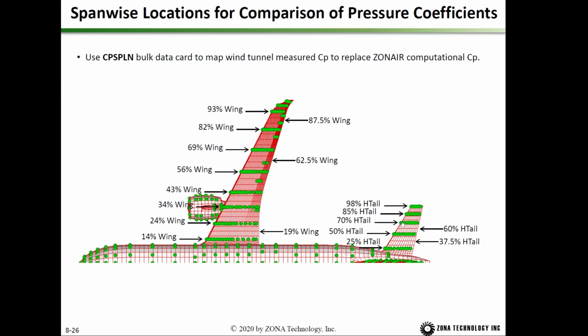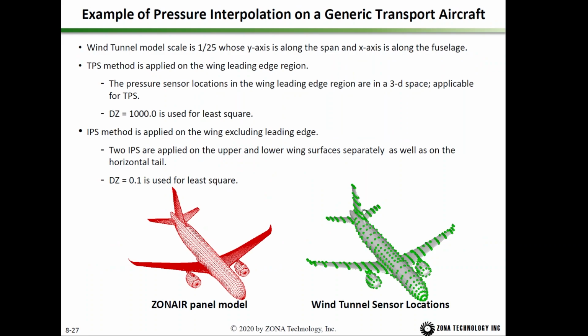For the horizontal tail, we also use the IPS method. The wind tunnel model scale is 1/25, and the y-axis is along the span, and the x-axis is along the fuselage.